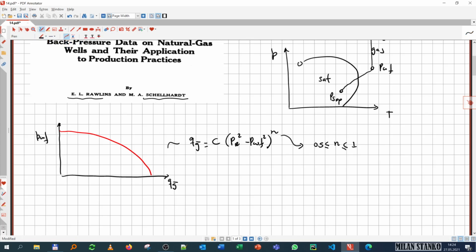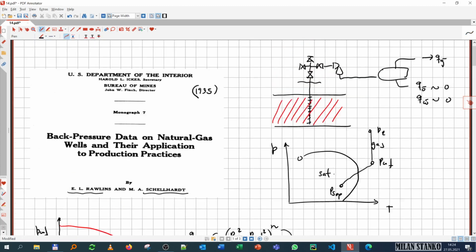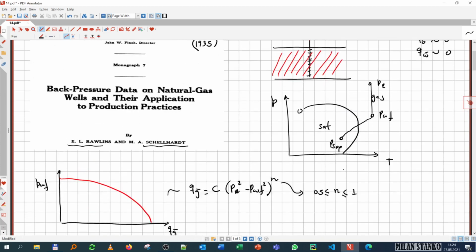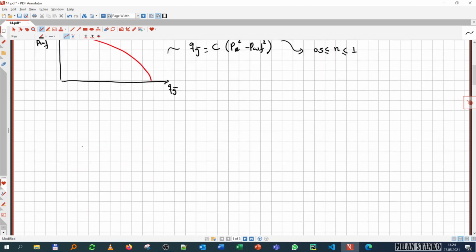I'm not going to go into the details of how this was measured, but they had one advantage. Remember that what we want to measure is the bottom hole pressure. We need to have this PWF, and that's what you really need to characterize the inflow. But they didn't use downhole gauges. With some equations of pressure drop and of the hydrostatic height, they tried to convert those pressures, and also reservoir pressure, to surface conditions.